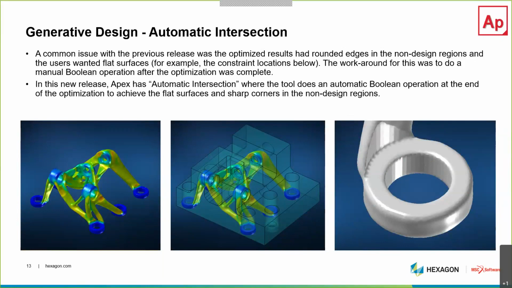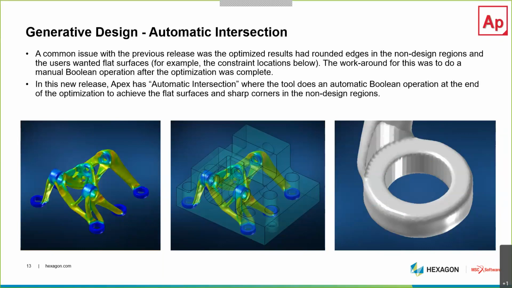But one of the bits of feedback that came back was, even though that technology was amazing and great, you got things like the picture on the far right, where you get these rounded corners and fillets that previously weren't there. And instead, people were asking for the sharp corners that came with the original non-design space.